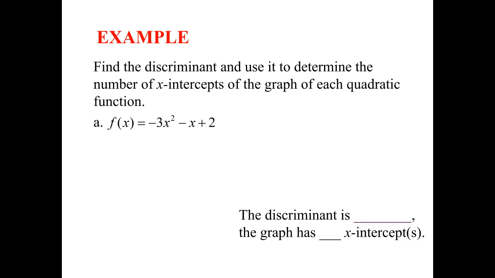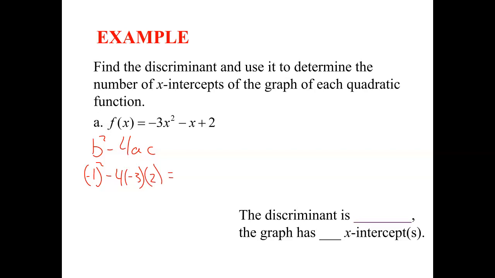So what's my formula for the discriminant one more time? B squared minus 4AC. What's my B value? 1. A value. Minus 1. C value.